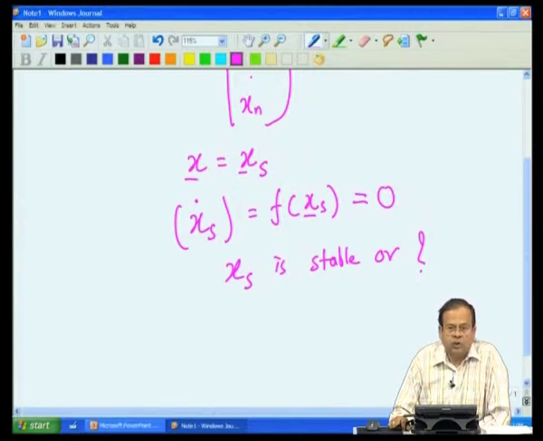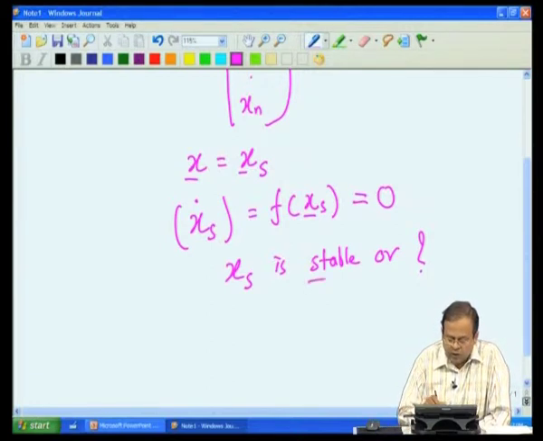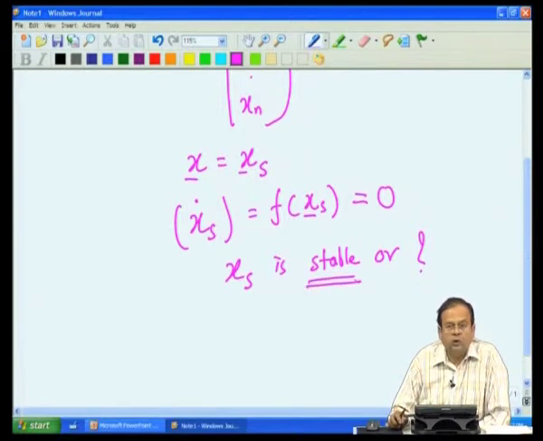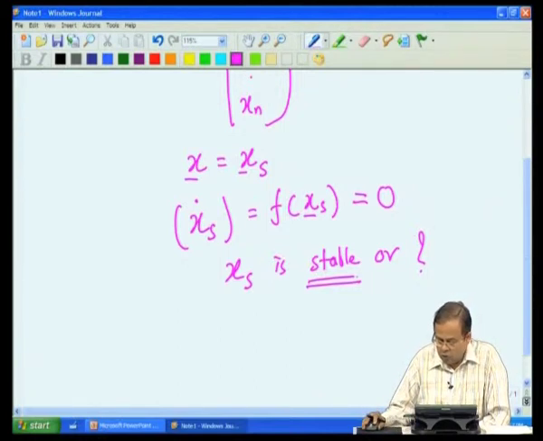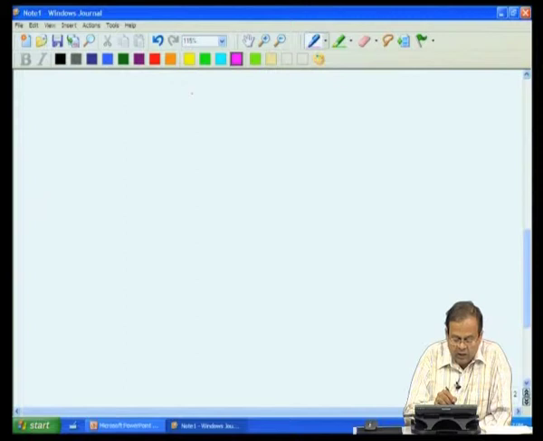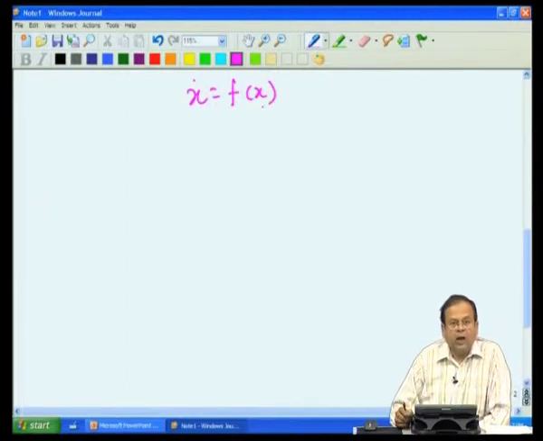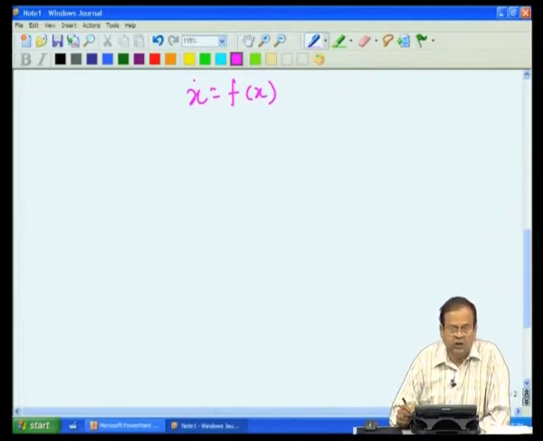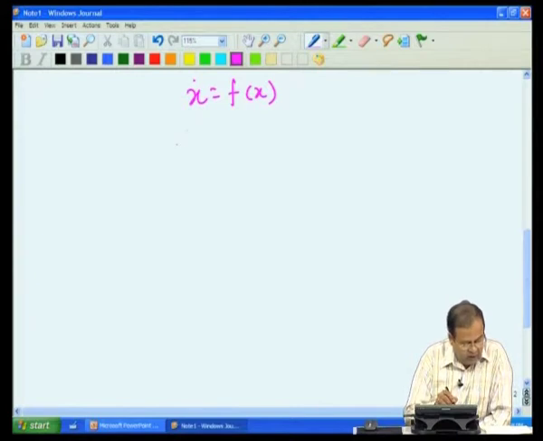The first thing that comes to mind is what is meant by stable. So, what is a proper definition of a steady state to be stable? Let us try to look at that by considering our dynamics, x dot equal to f of x, and let us say that its solution, or its trajectories, are given by some function phi of t.